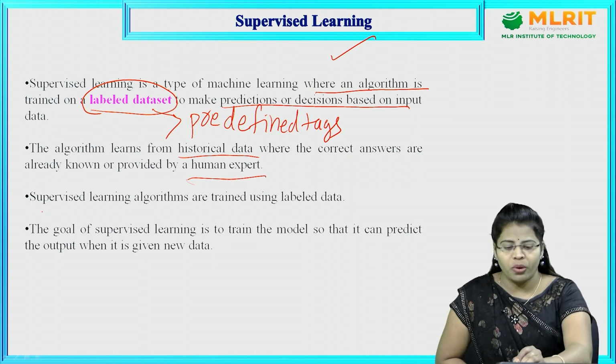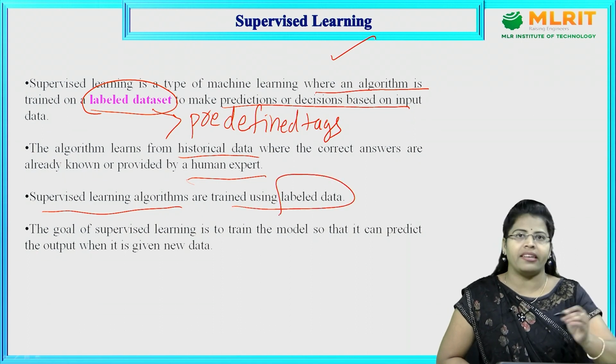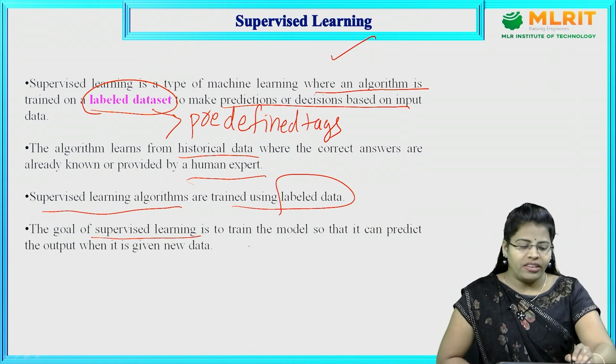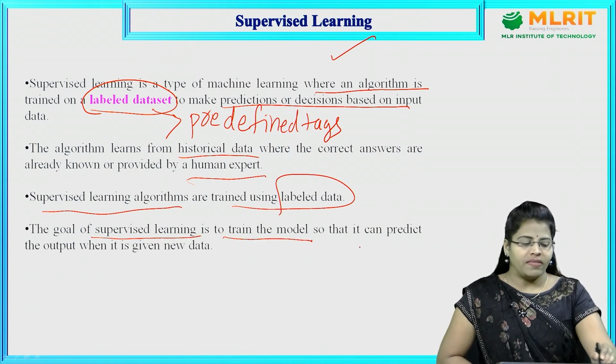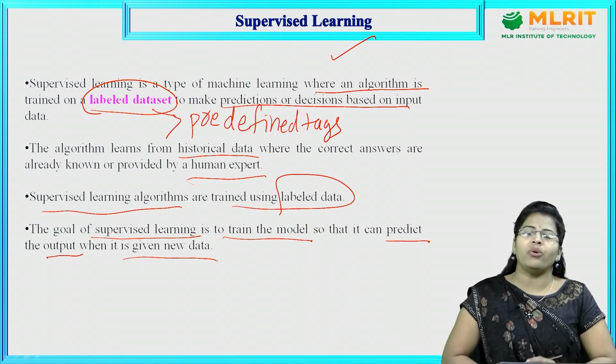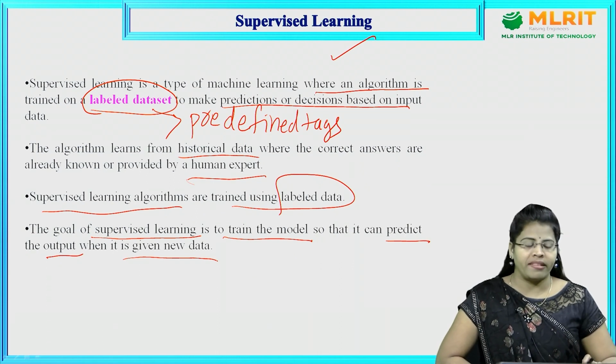That's why the supervised learning algorithms are trained using the labeled data set only. The goal of supervised learning is to train the model to predict the correct output whenever you give a new input.